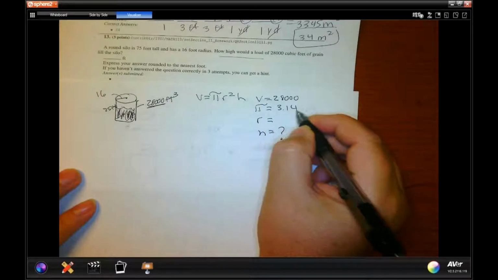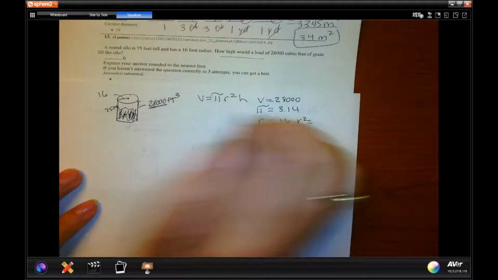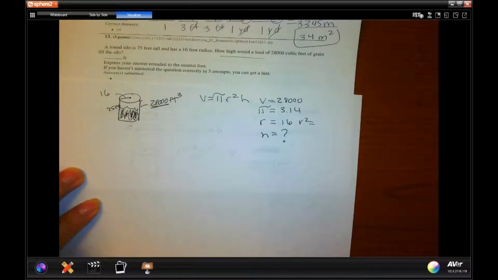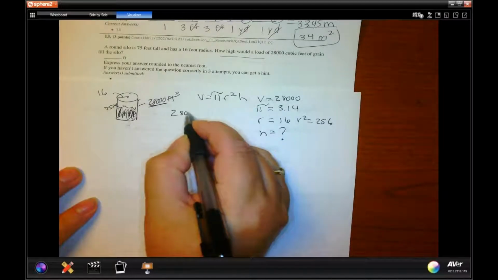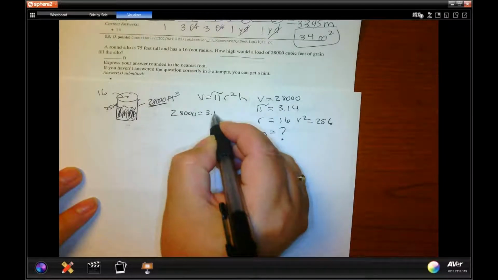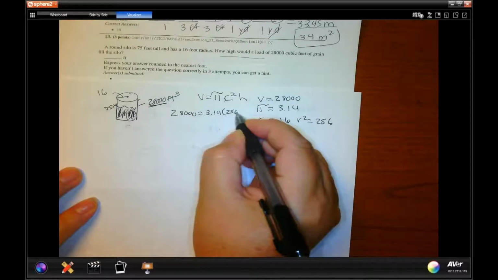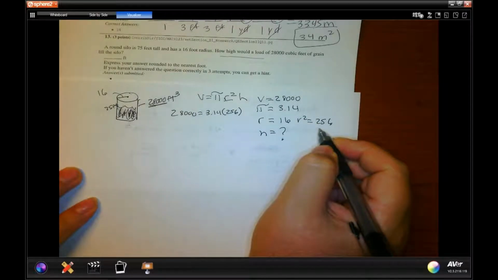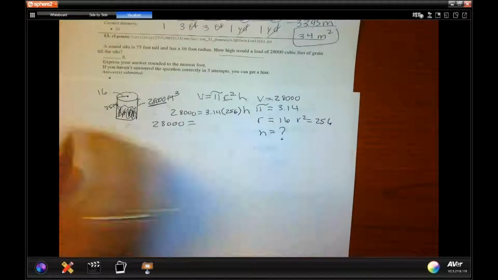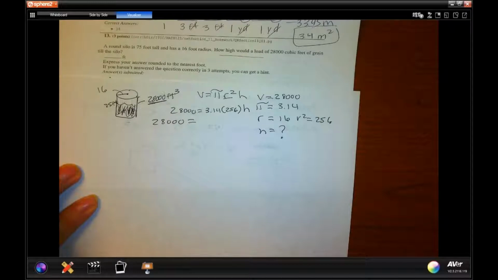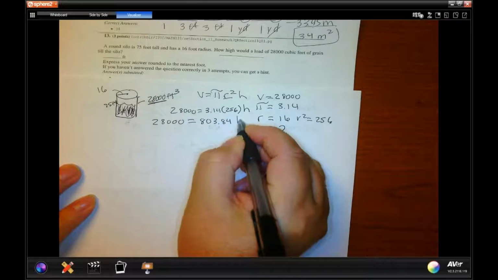We're going to use 3.14 for pi, and 16 is the radius. So if we square 16, that is 256. So 28,000 equals, remember you have to square before you multiply, 256 times our unknown h. So 28,000 equals 803.84 times h.